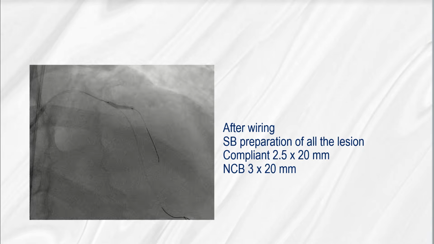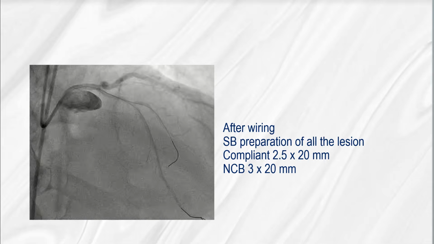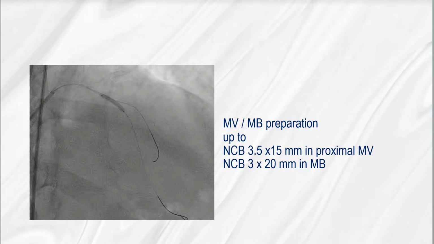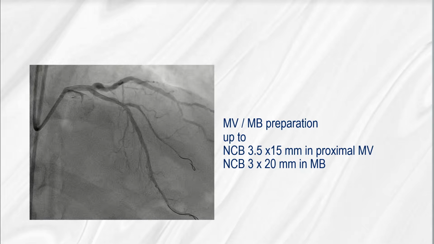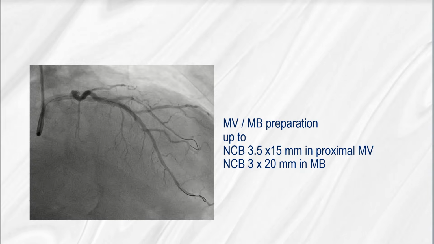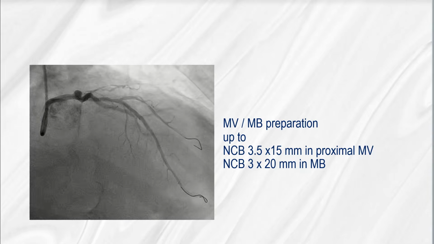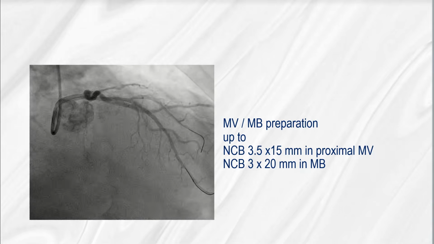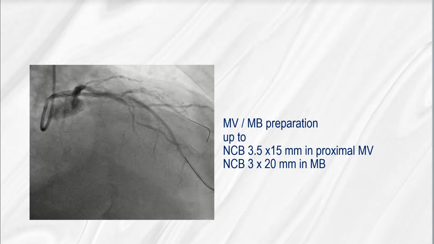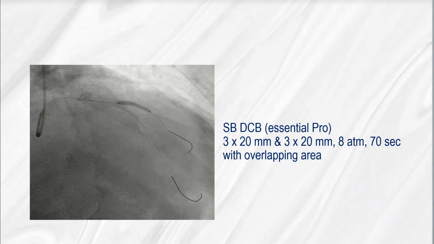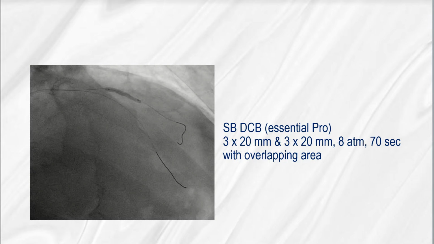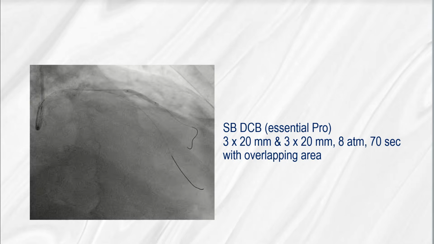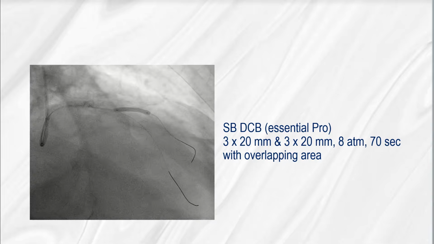Side branch preparation was done, compliant followed by non-compliant 3 by 20 millimeter dilatation, followed by main vessel, main branch preparation up to non-compliant 3 by 20 millimeter in the main branch, followed by another larger size 3.5 by 15 millimeter non-compliant in the proximal main vessel, followed by side branch drug-coated balloon dilatation with two successive balloons, each 3 by 20 millimeter up to 70 seconds with an overlapping area.